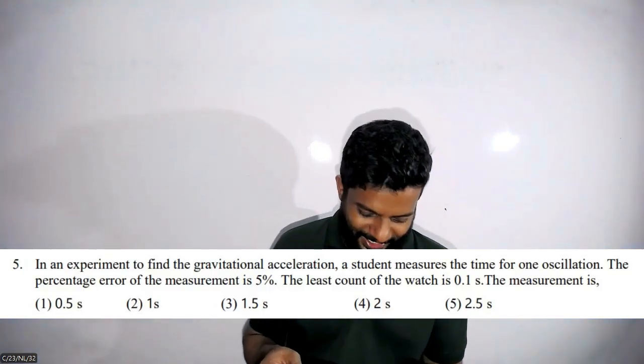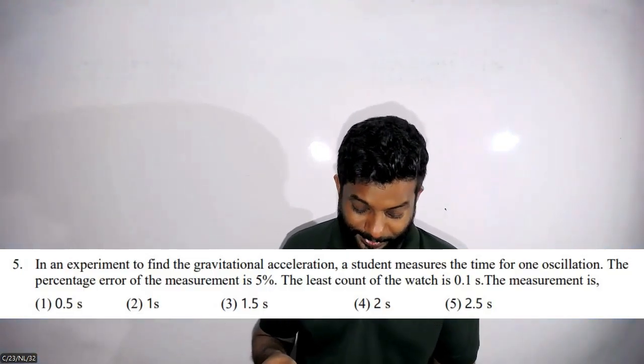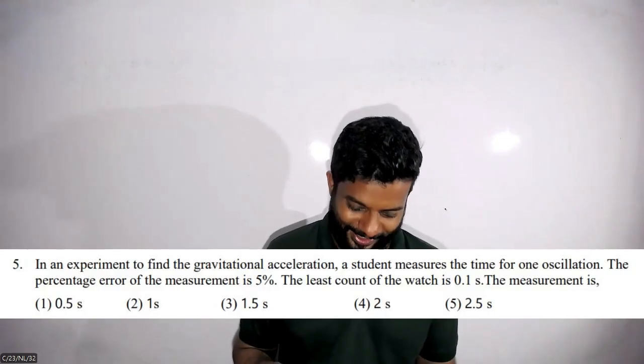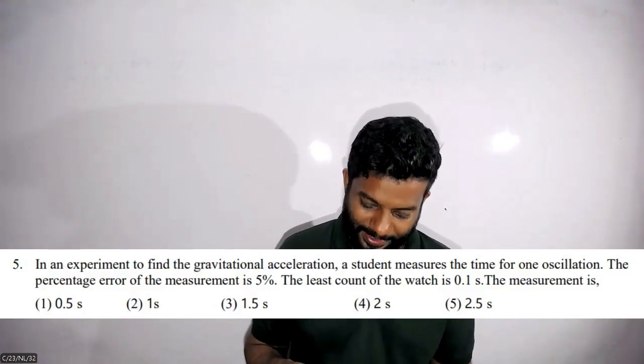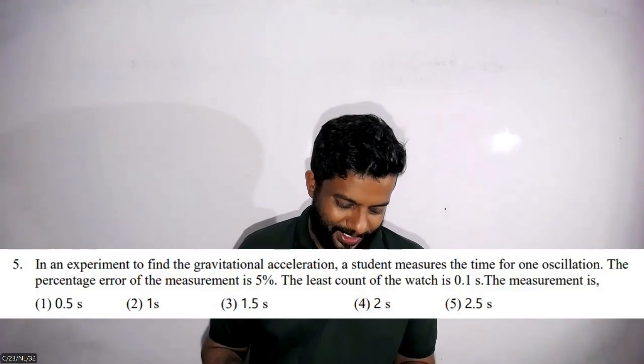Right, Pute, let's see the next question. In an experiment to find the gravitational acceleration, a student measured the time of one oscillation. The percentage error of the measurement is 5%, right? The least count of the watch is 0.1 seconds.